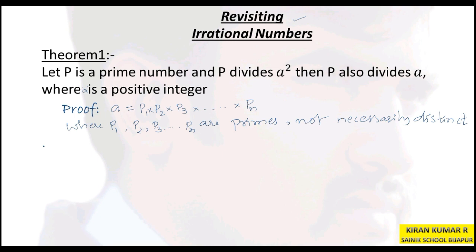If a is that, then by squaring, a square becomes p1 into p2 into p3 into so on till pn, multiplied by p1 into p2 into p3 so on till pn.